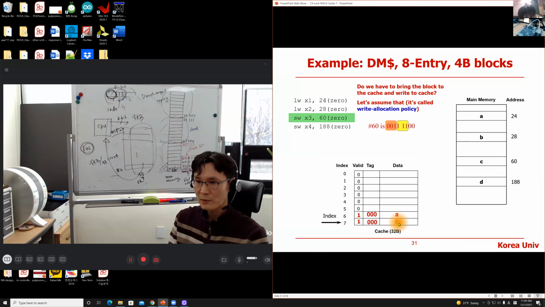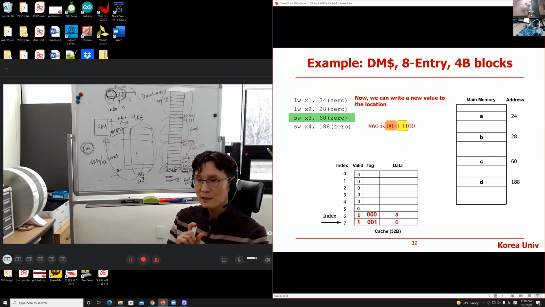That information will be replaced with C, and then record the chunk ID 001. It is still valid. But we are not done yet. You just brought that memory block into the cache.